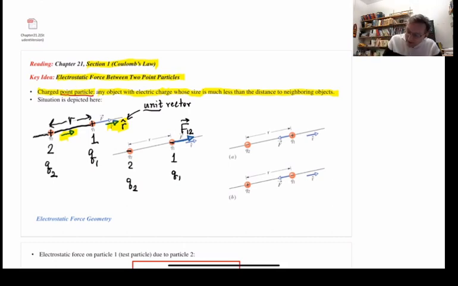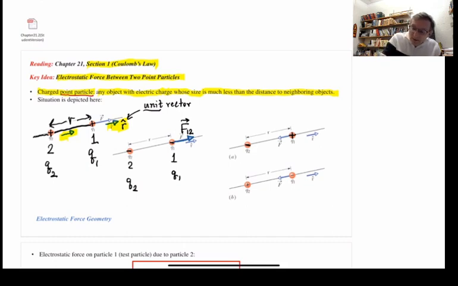All right, now let's look at this picture right here. Particle 1, we're told here, has positive charge, and particle 2 has negative charge. So now they have opposite signs of charge. One's positive, one's negative. We want to draw the force on 1 due to 2.